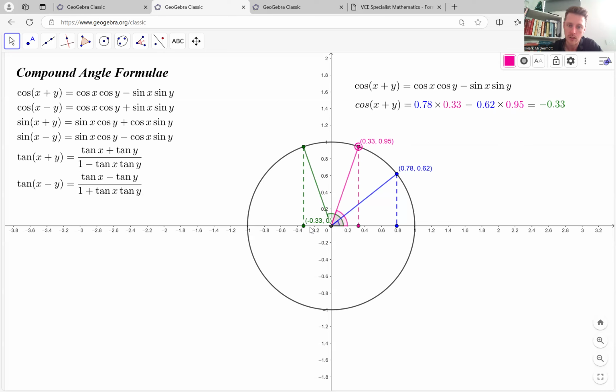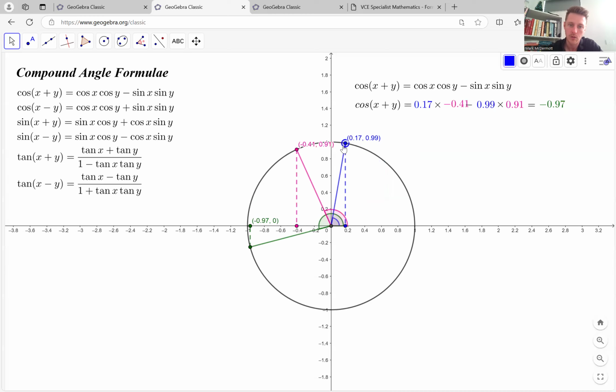So I've just sort of shown it down here for the green part. And you'll notice then the property holds true as we change, say, the x value. This changes to 0.63 and 0.78, and then the cos of x plus y changes to negative 0.53. So we can see that this property holds true all the way around the unit circle.